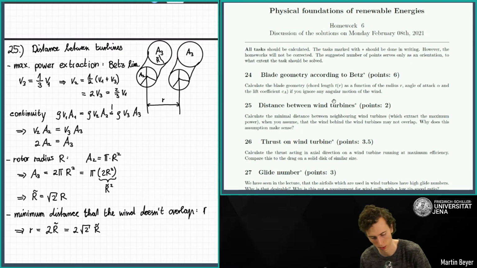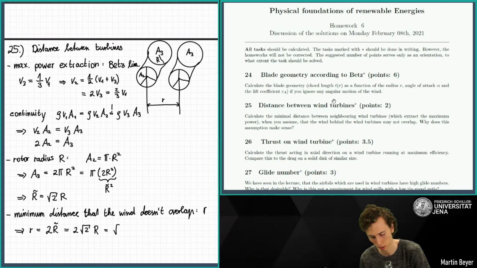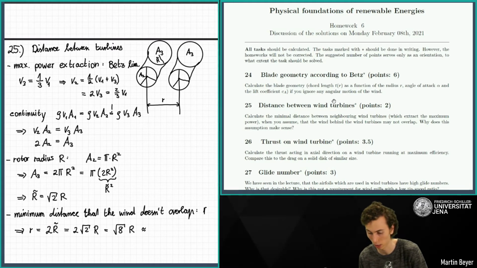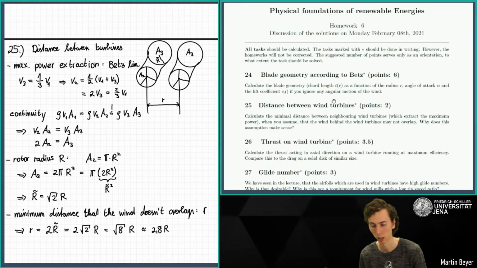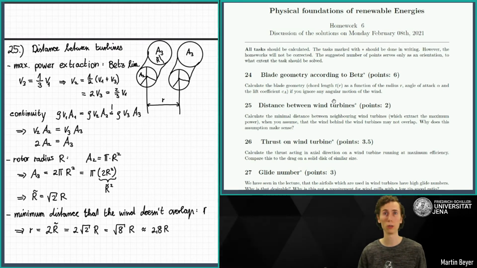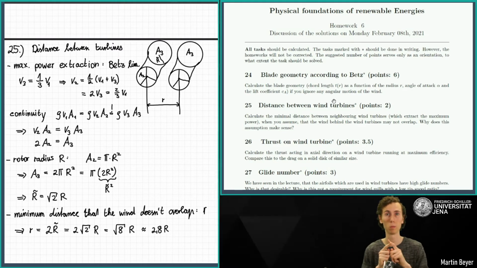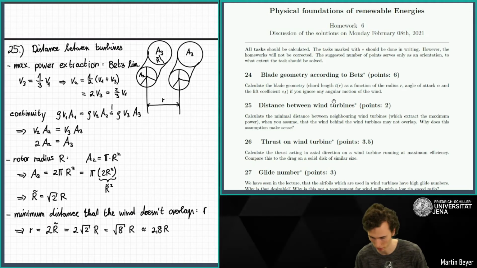That's the original r. And this is simply the square root of 8 times r, and the numerical value is about 2.8. So we can conclude that the distance between wind turbines must be roughly 3 times the radius of our rotor blades.